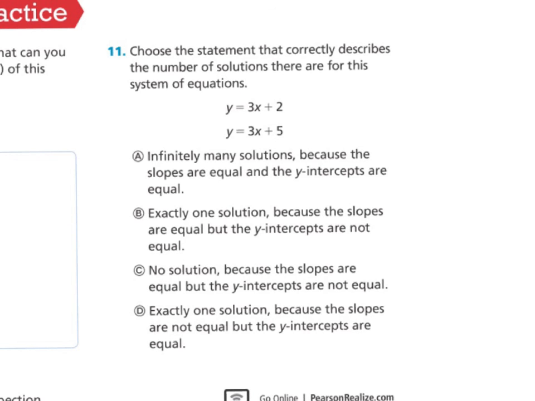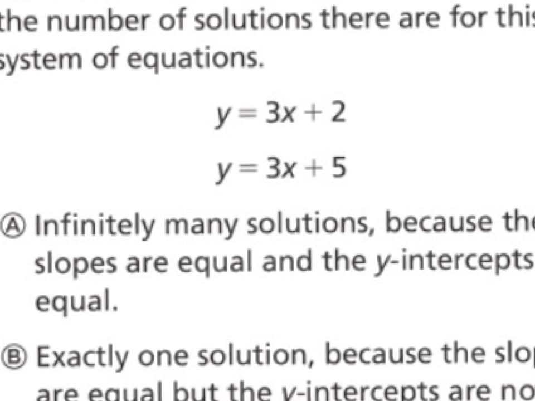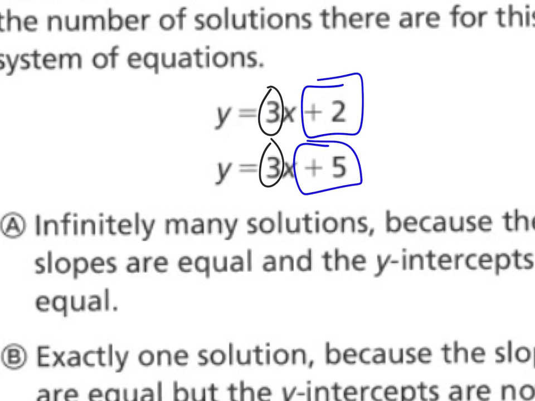We'll look at number 11. They want us to choose a statement that correctly describes the number of solutions there are for this system of equations. So if we look at this, look at our slopes first. Slopes are the same. Y-intercepts are different.